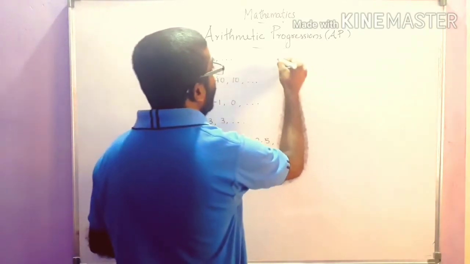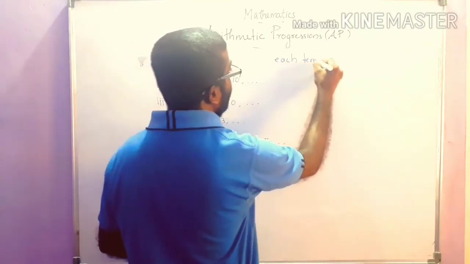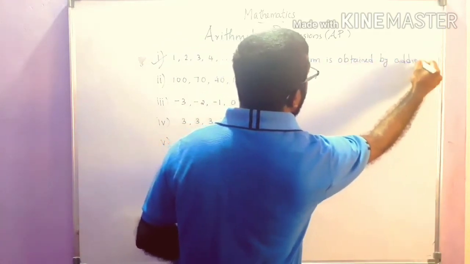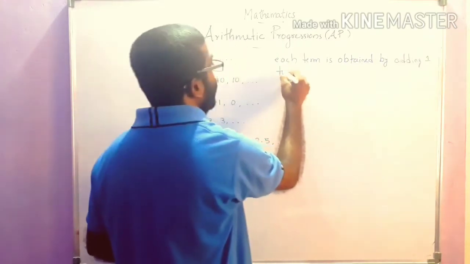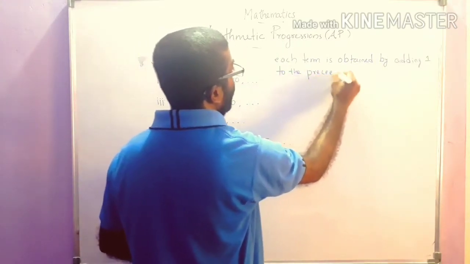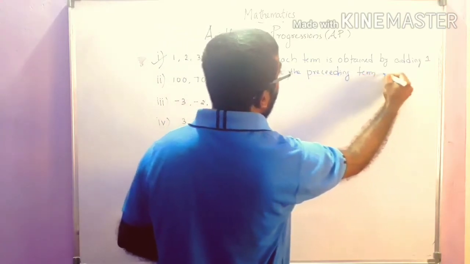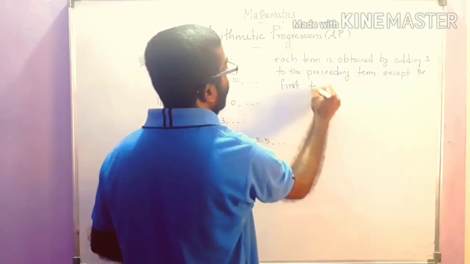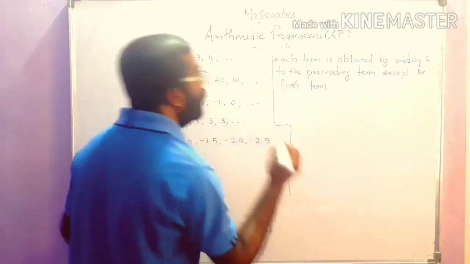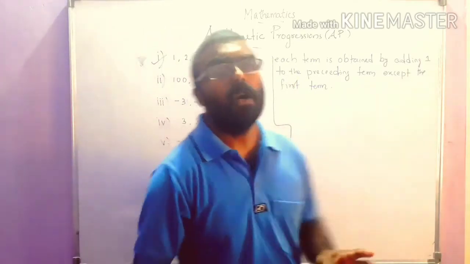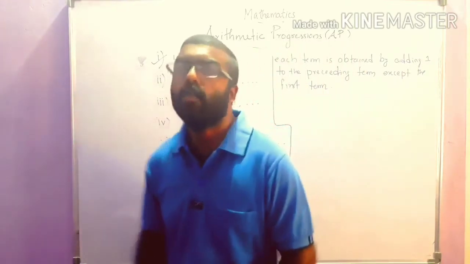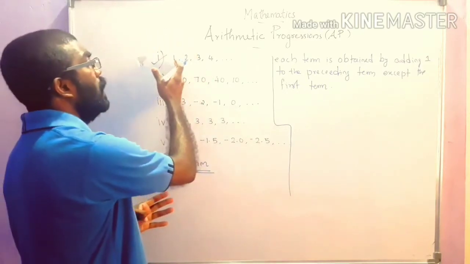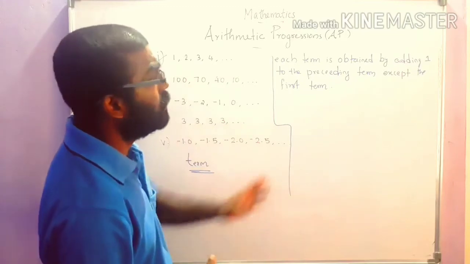So we can say that each term is obtained by adding the number 1 to the preceding term, except the first term, because the first term cannot have any previous term. That is why we say it like this.